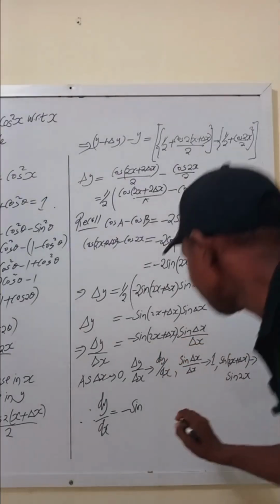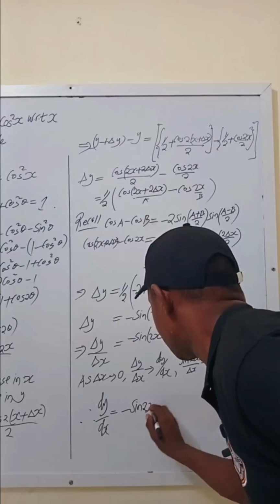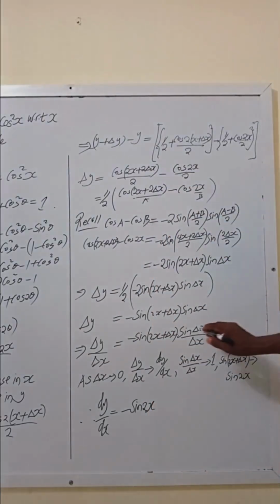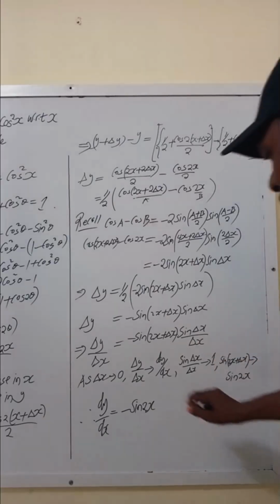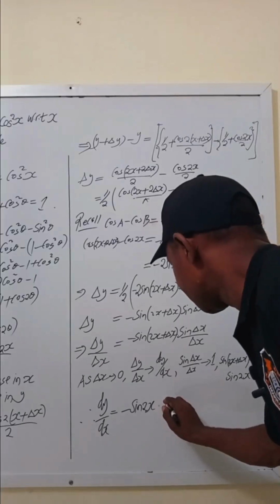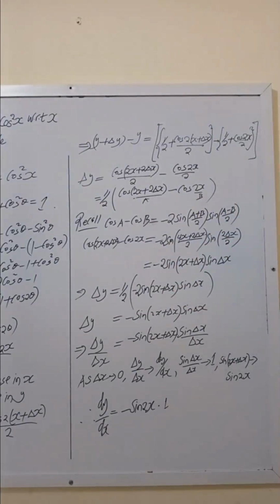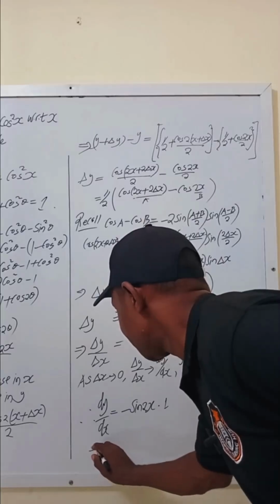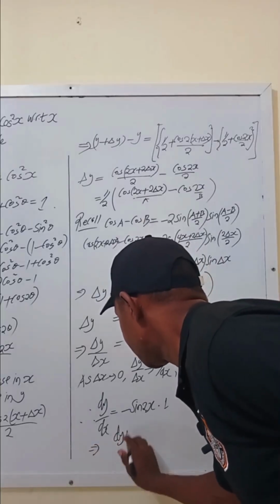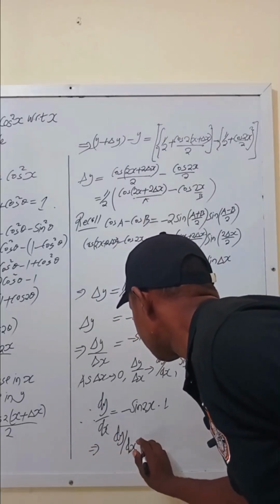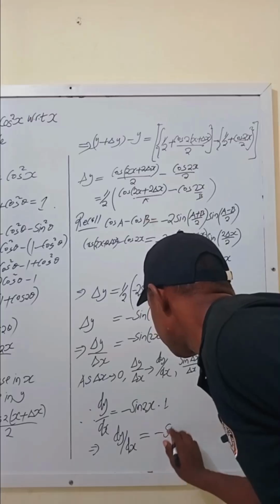Then the next term is sine delta x over delta x, which will tend to 1. Multiplying by 1, where the dot means multiplication, we shall have our final answer, that is dy dx equal to negative sine 2x.